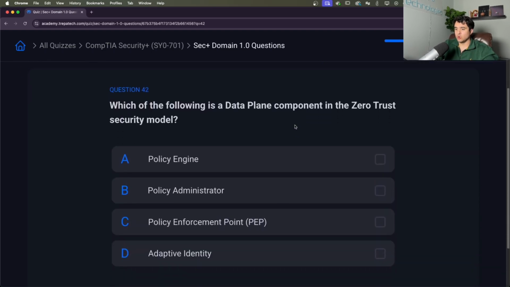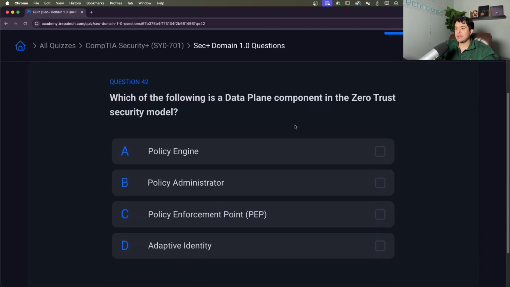Question 42. Which of the following is a data plane component in the zero trust security model? So a data plane component is where the actual bits are coming across. We're actually doing some enforcement, not the control plane where we can see it and update the policy.